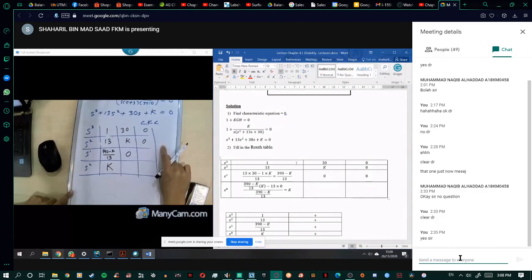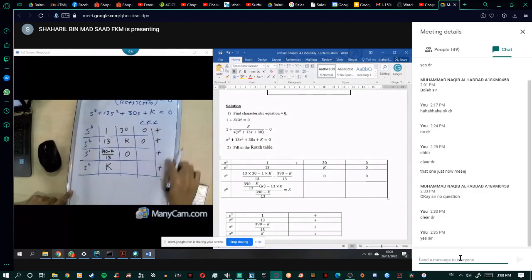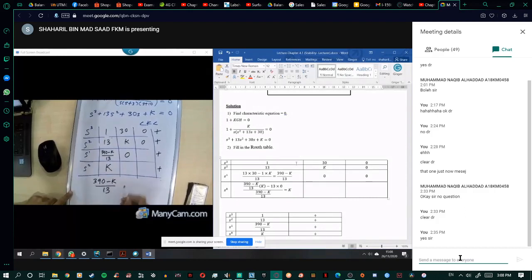So in order to know the range of k at which your system is stable or not, that means we need all positive signs, right? Positive sign, positive sign, positive sign. That means your system will be stable, right? So in order to get the positive sign, that means 390 minus k divided with 13 must be greater than 0.